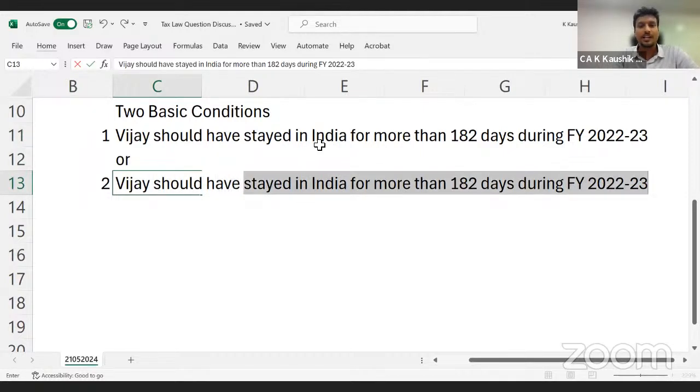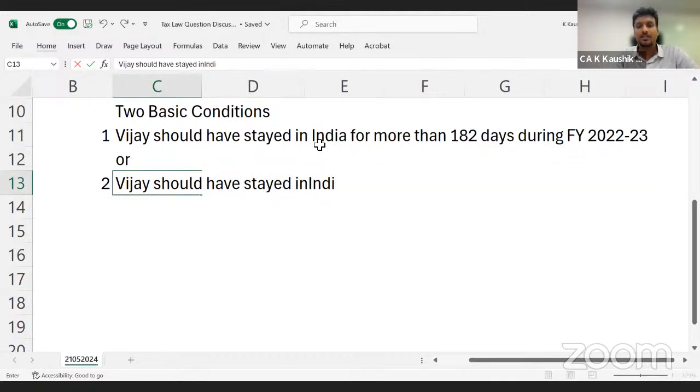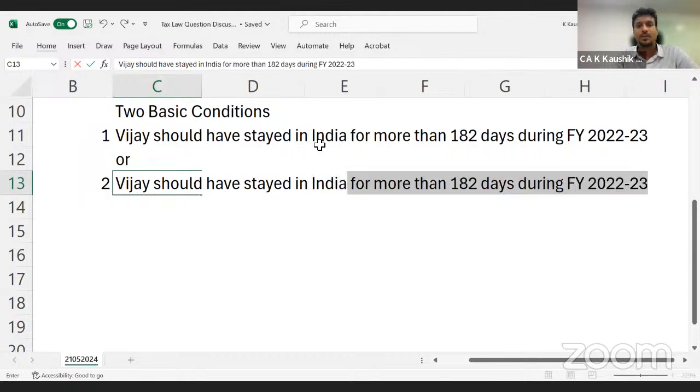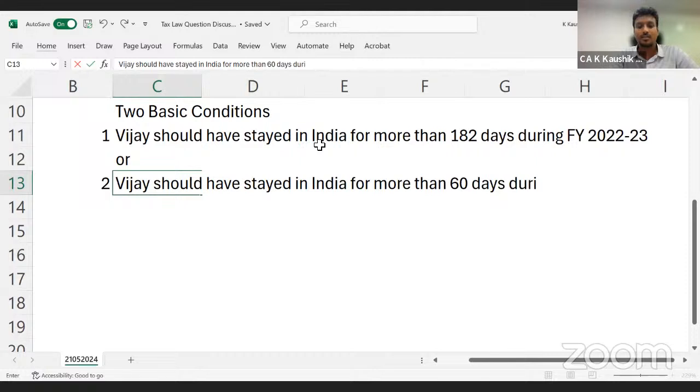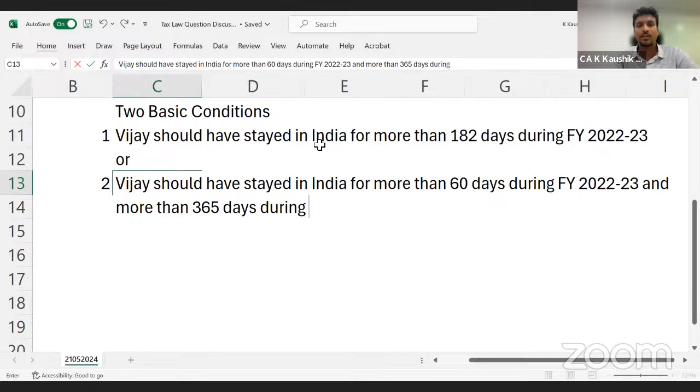Vijay should have stayed in India for more than 60 days during FY 22-23 and more than 365 days during the last 4 previous years preceding the current previous year.